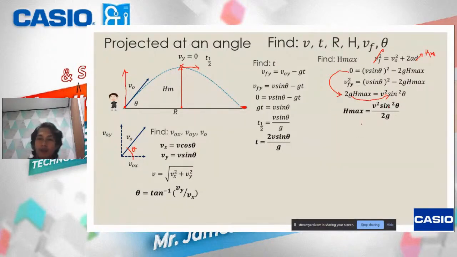So, to get the value of our maximum height, we use v squared sine squared theta over 2g. For as long as we know the initial velocity and angle, we can get the maximum height if our projectile is projected at an angle.